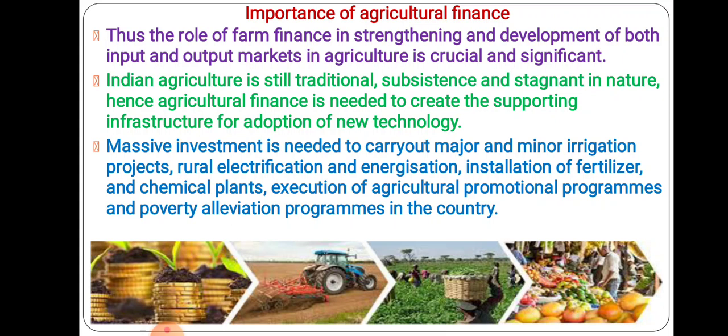These are the features of Indian agriculture, still traditional, subsistence and stagnant. To overcome these problems, agriculture finance is needed to create the supporting infrastructure through which new technologies can be adopted.